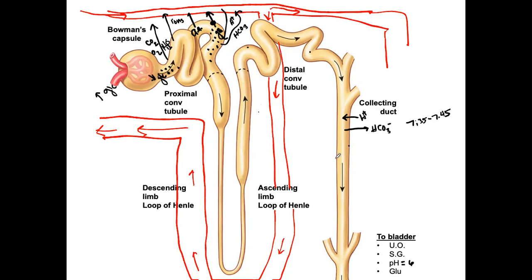So in a normal healthy individual, do you expect to see glucose in the urine? No, you don't, right? So there should be no glucose in the urine. What if we see glucose in the urine? That means a person has diabetes mellitus, but I need you to be more specific. It means that they have diabetes mellitus, so that they have high blood sugar, and in the proximal convoluted tubule, those carrier proteins are becoming saturated.